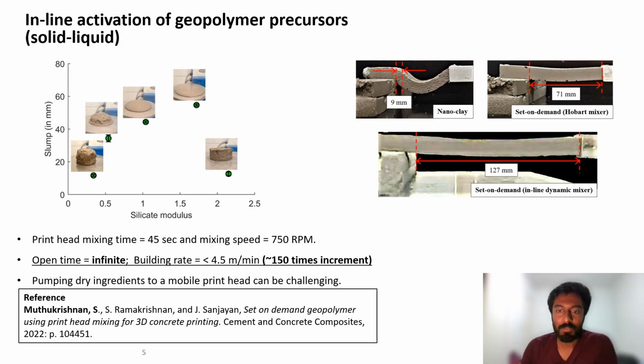So we tried to reduce the mixing time by increasing the mixing speed, and we found out that when the speed is increased up to 750 rpm, the mixing efficiency increases significantly, such that your mixing time can be reduced from 5 minutes to 45 seconds. We have also achieved a mixing time of 10 seconds by increasing the mixing speed to 1000 rpm, but that was not reported in the study.